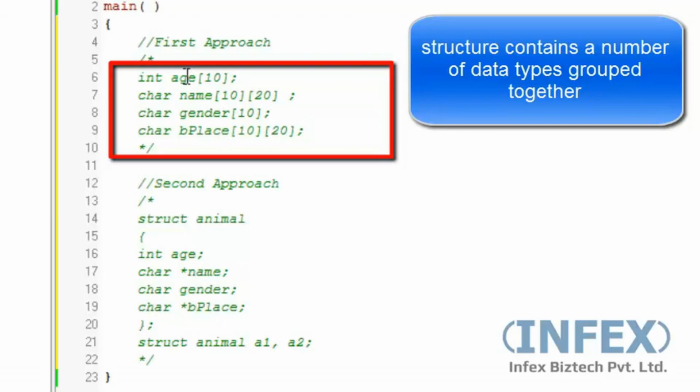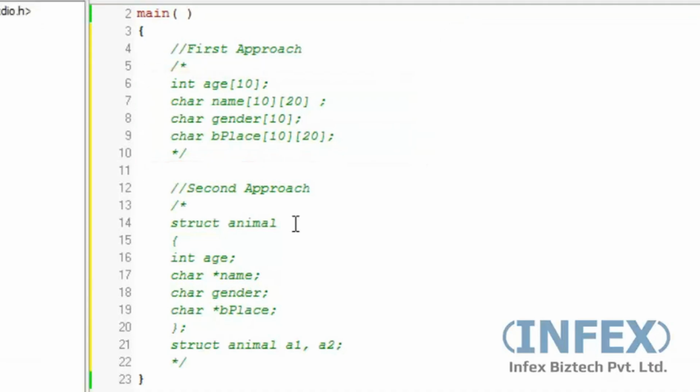We have created an age array to store information for 10 animals, a name array for 10 animal names, and likewise for other properties. This approach is very tedious as the number of characteristics related to the animal might increase. So this is not a dynamic approach.